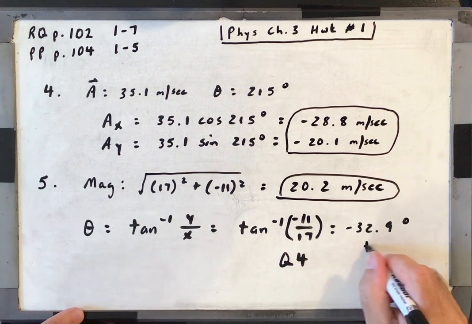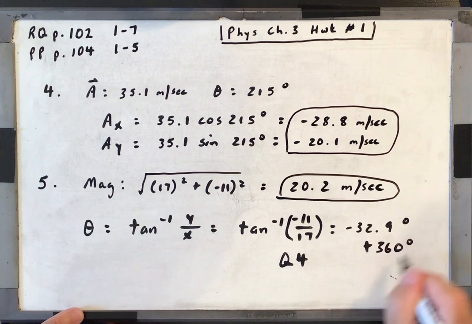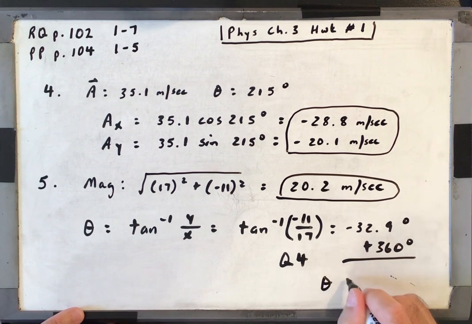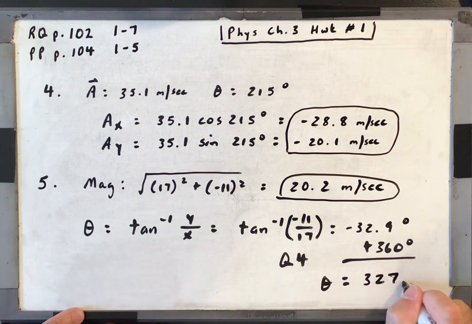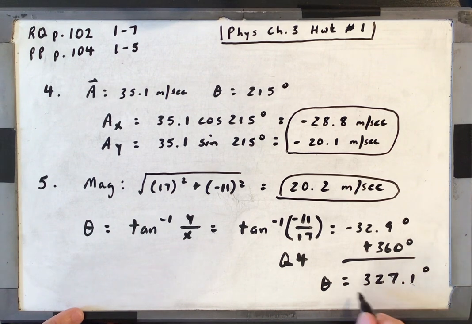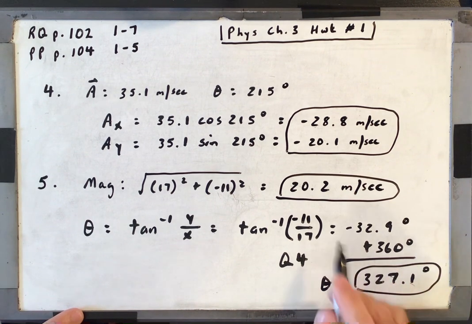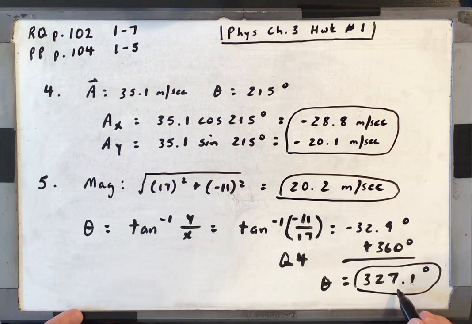So we're going to add 360 to that. So the angle theta we're going to report is 327.1 degrees. So that's our answer, 20.2 meters per second at 327.1 degrees.